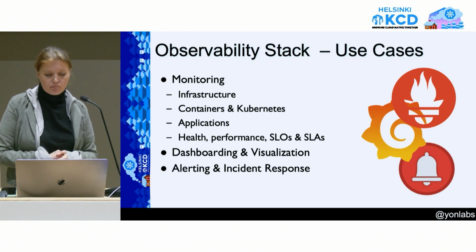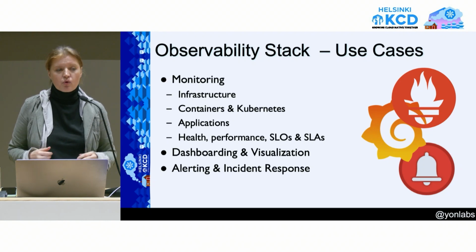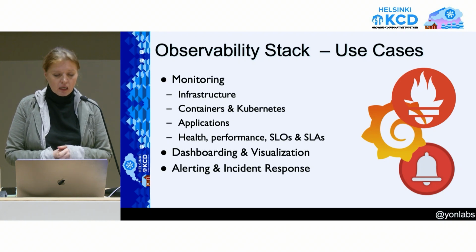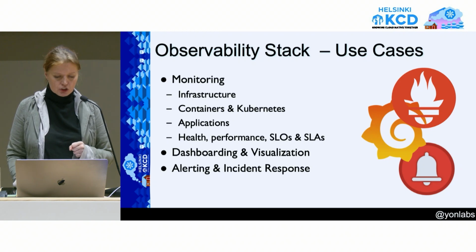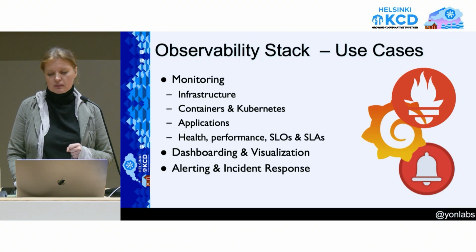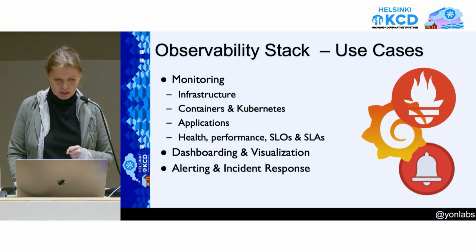Basically, whether or not it's working well and within our performance requirements. And then we have dashboarding and visualization in Grafana, and alerting and possibly incident response in Alert Manager.